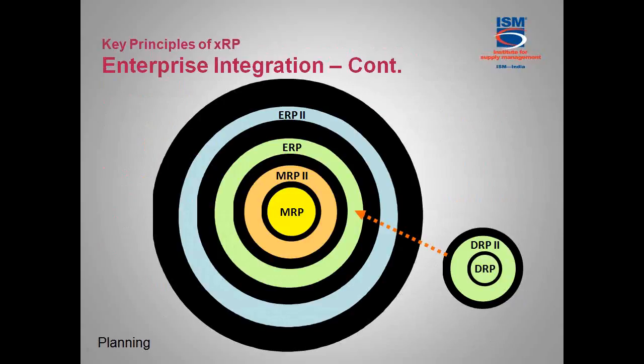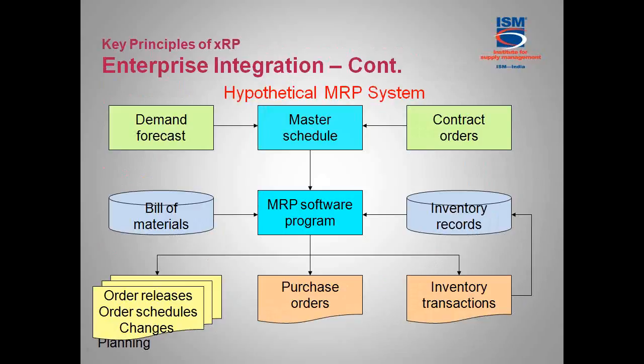Now, for us the most important thing is MRP. Why is MRP important for us? Because it deals with the dependent demand requirement. The independent demand requirement is a part of the demand forecast, and dependent demand is a part of our supply forecast.